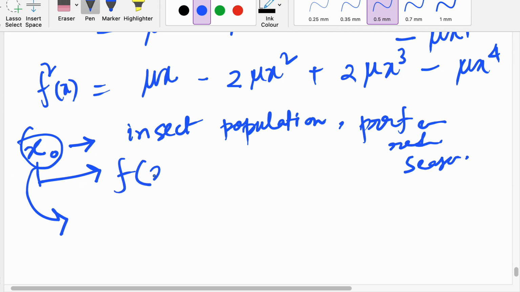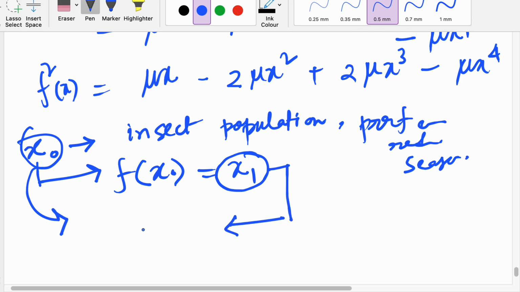If I apply f on x0, it will go to some other state in the next generation. If I measure the population size after the next generation, we will see that the population size will change to x1, and then again in the next generation, x1 will become x0. So we'll say the population size is oscillating after every 2 generations.